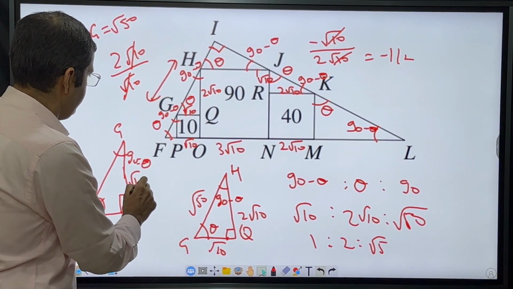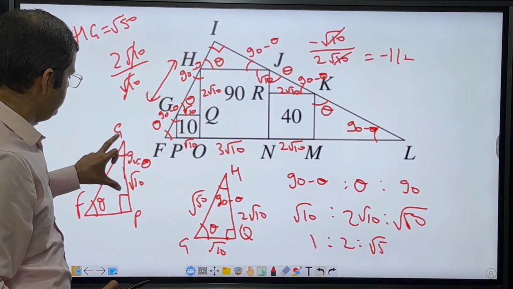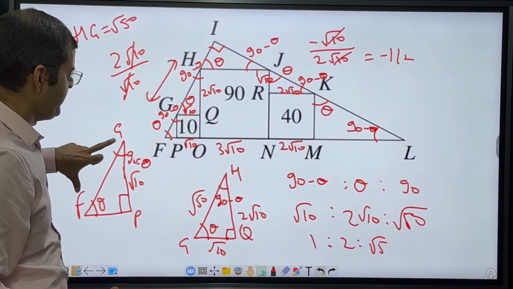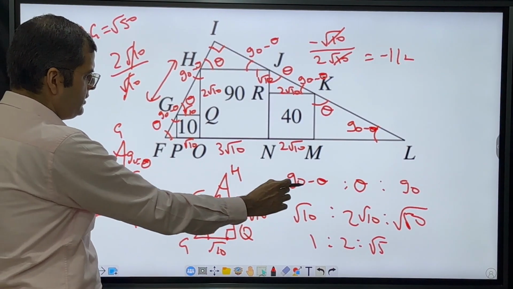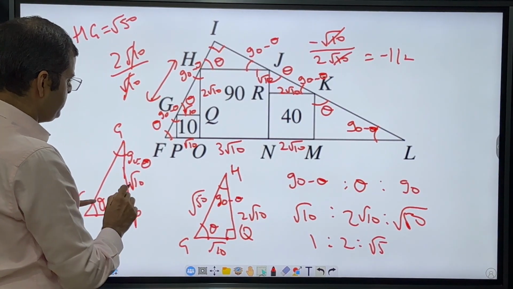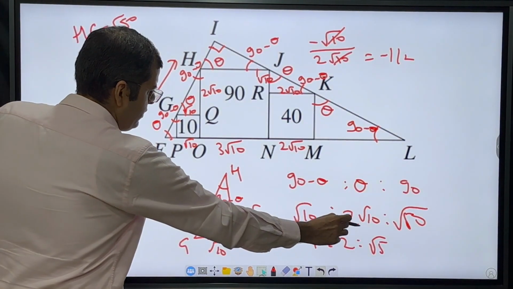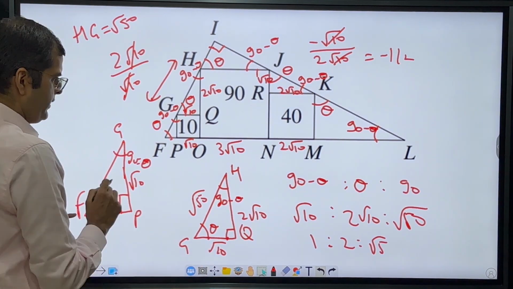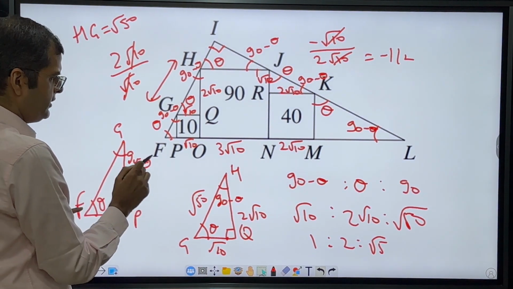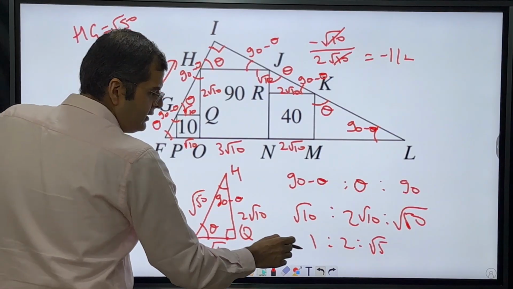This side GP is root 10. I need to find GF. So applying the logic here, the side opposite theta is root 10, whereas in the earlier triangle the side opposite theta was 2 root 10. So it has to be in the same ratio.